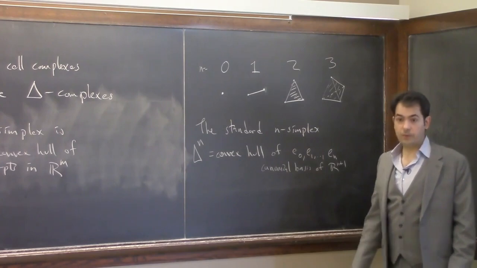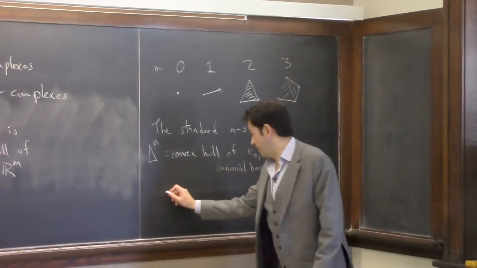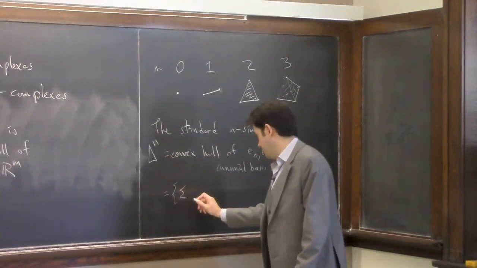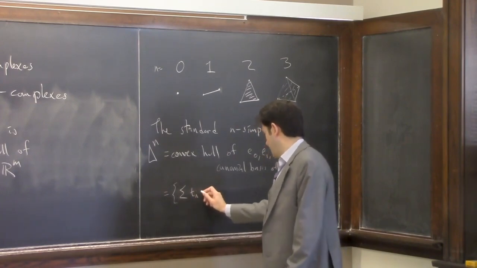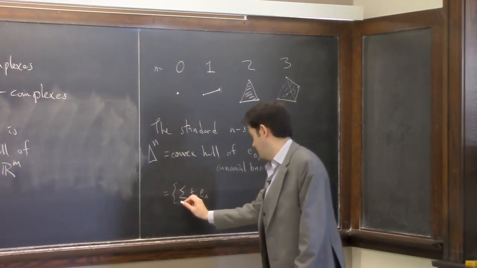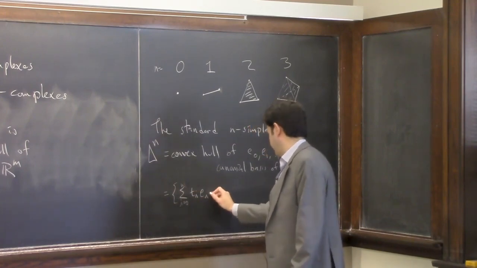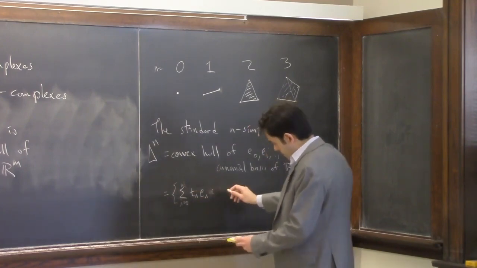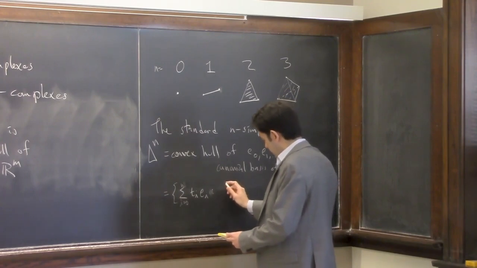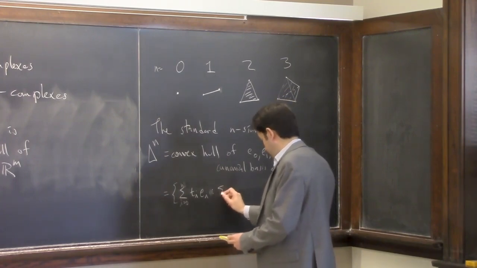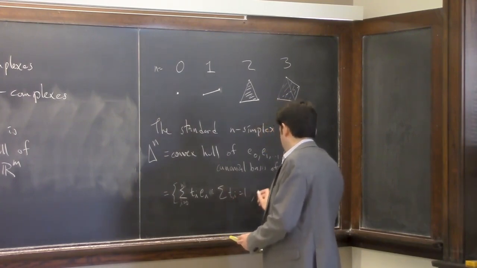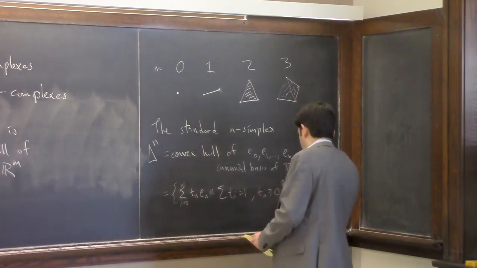All right, so alternately, you can just write this as the sum of Ti Ei, i goes from 0 to n, such that the sum of the Ti's is equal to 1, and they are all non-negative.